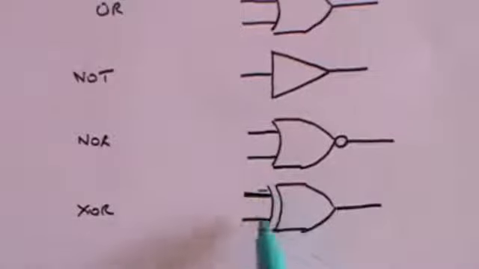So if both are 0, you get no output. And if both are positive, you get no output. But if one of them is positive and one of them is 0, so that could be positive, that could be 0, or that could be positive and that could be 0, then you get an output.